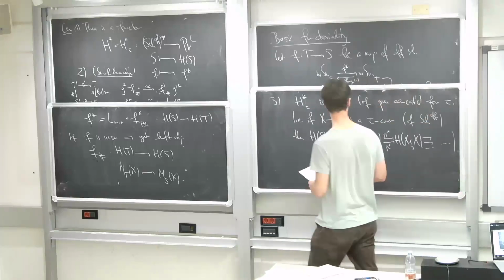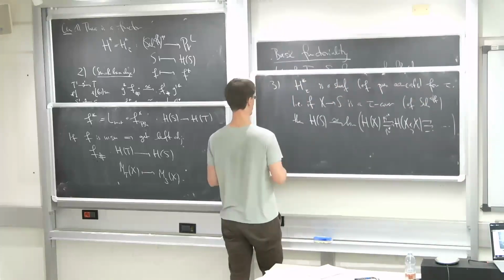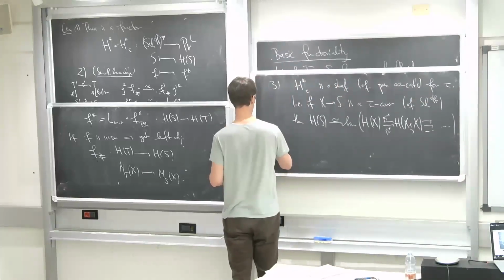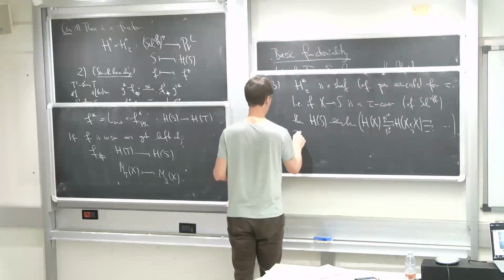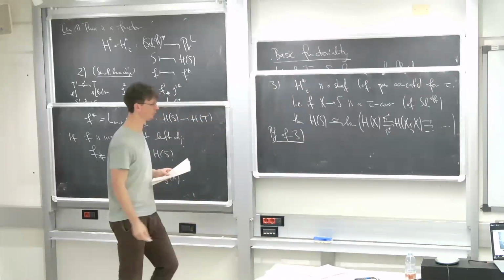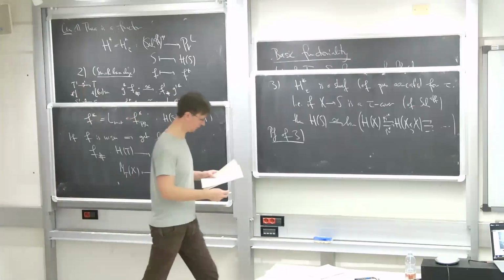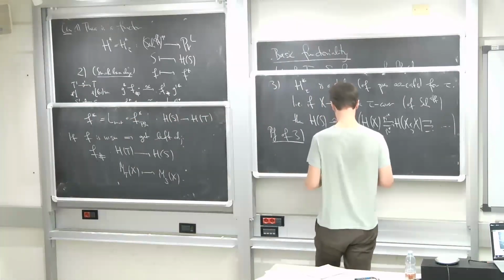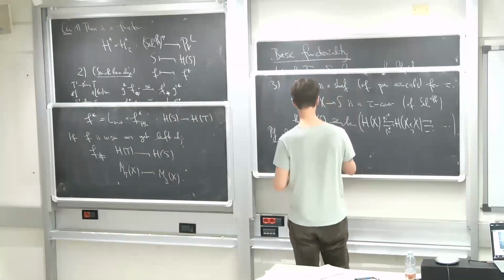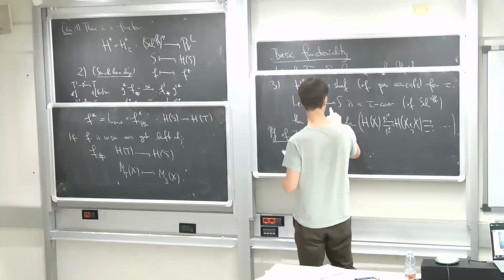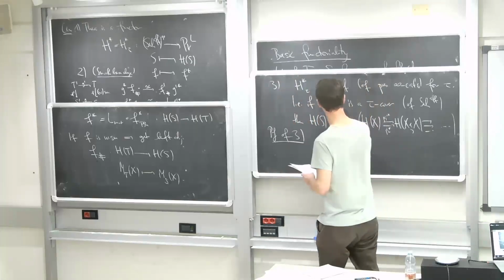Here I want to give an argument, the proof of 3. It's again pretty formal, but this is something I want to share. Let's say we call this map F here.